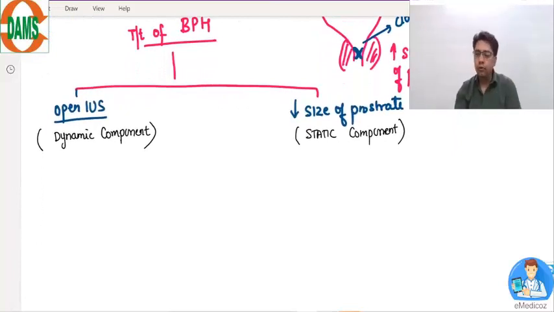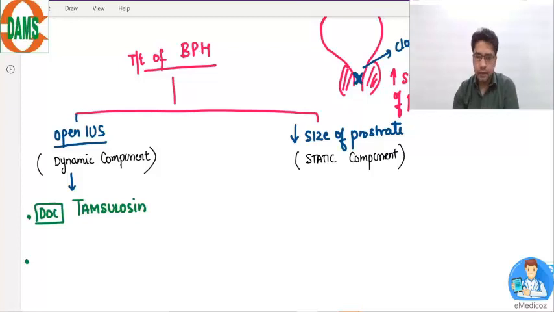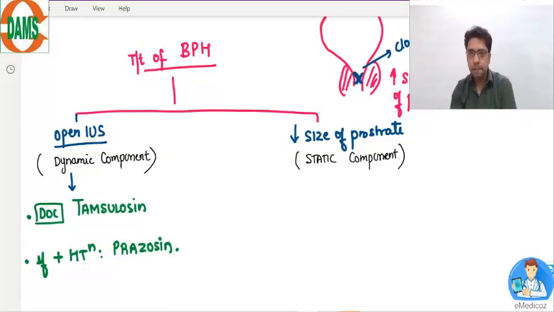Now to open the IUS, you will write the drug of choice is tamsulosin. But if the patient has hypertension, you can start prazosin.